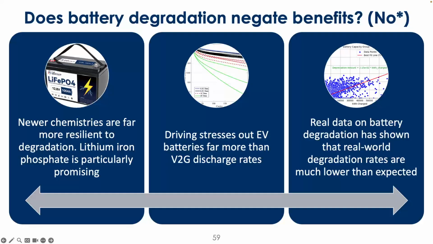So the speed of the discharge makes a difference with degradation, and driving is generally more stressful for your battery. And lastly, we have looked at real world data on battery degradation, and generally speaking, it's just not as bad as people have been expecting. So with this particular question, I think it's not as big of a deal.